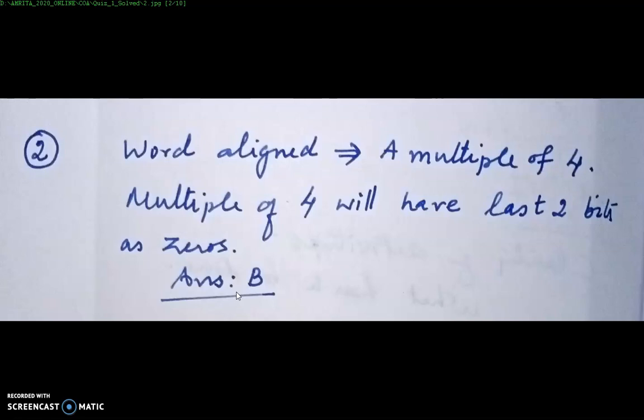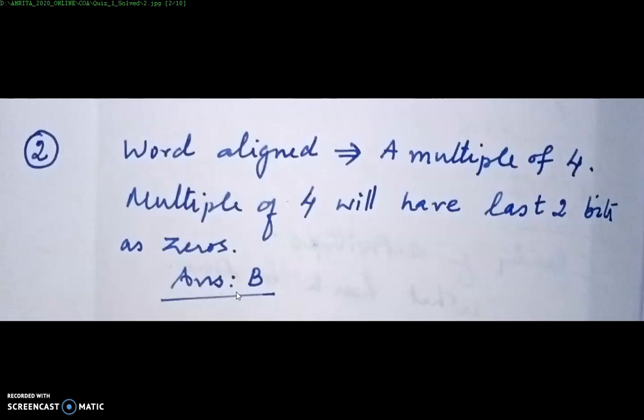Next, the third question is, there are 4 bytes in main storage that contain bits that represent a 32-bit integer. What is the address used for this integer? That is, there is an integer which is 4 bytes long in the memory.